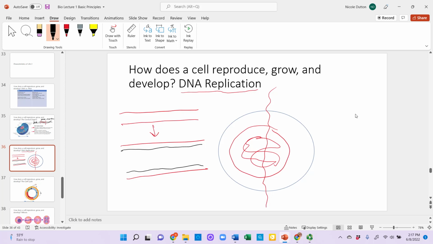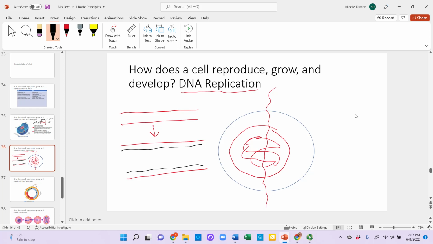Cells are also going to reproduce to allow an organism to grow taller. So if you think about a child that's going to be growing taller, the bone cells are going to have to divide to create more bone cells, which can create more bone matrix and allow that bone to continuously grow until that person reaches about age 25, where they're going to completely stop growing.